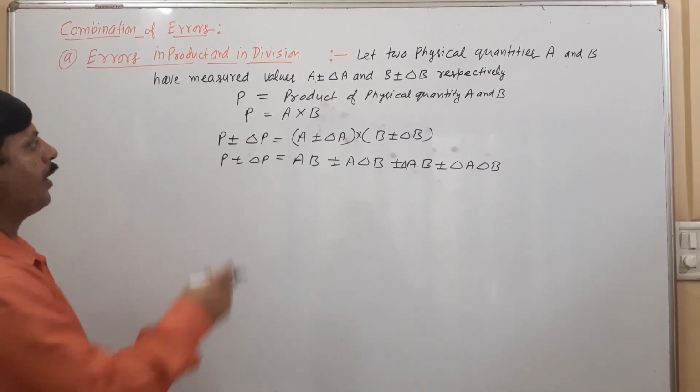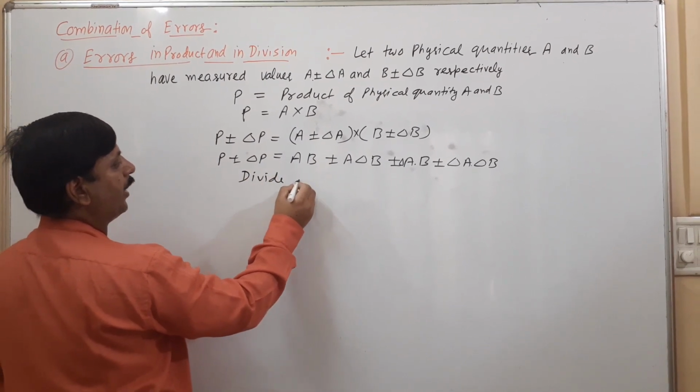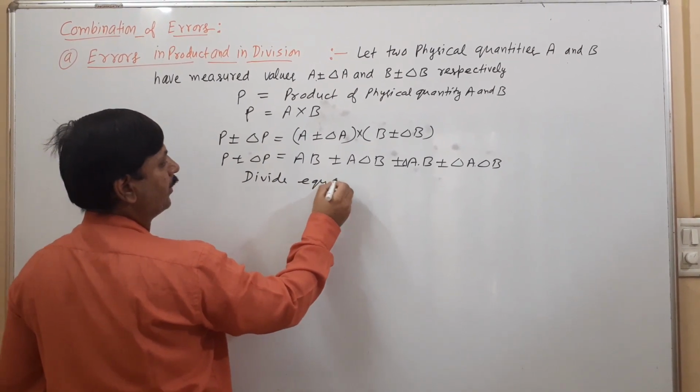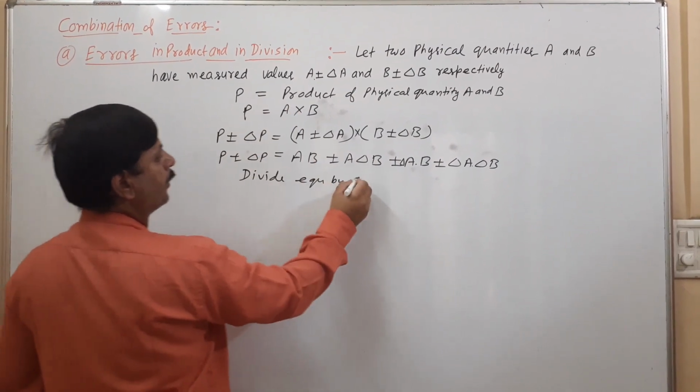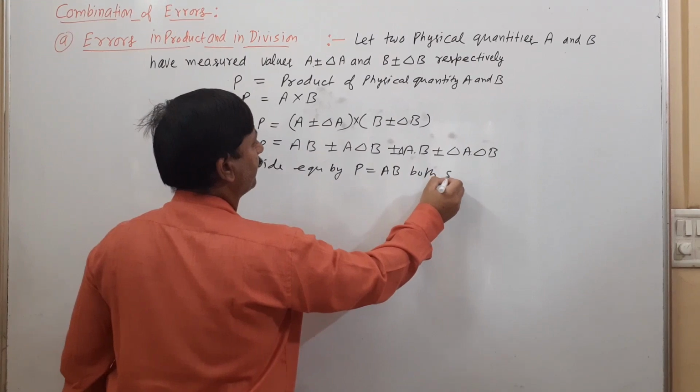Now divide the whole equation by P is equal to AB, both sides.